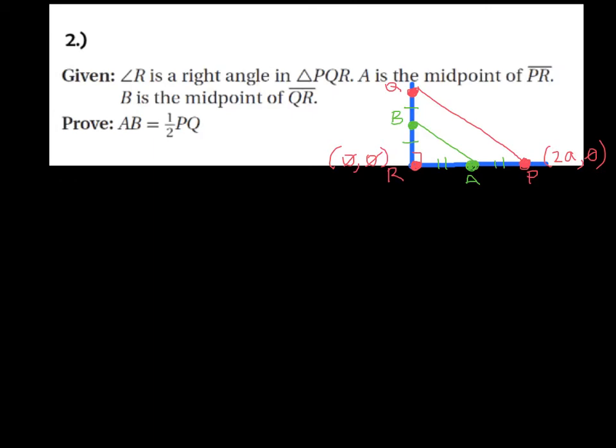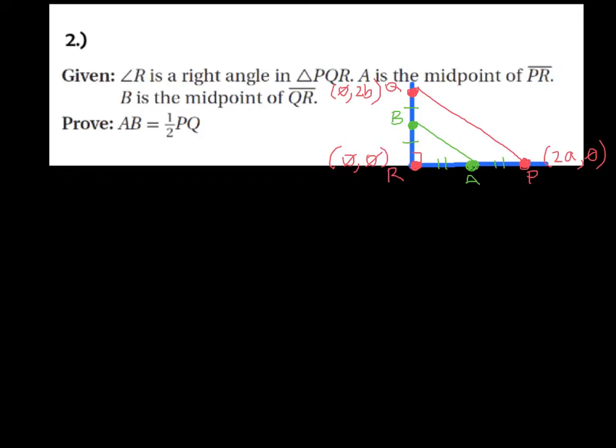I'm going to have to prove that in a moment. Then the same thing for Q: 0, comma 2 times whatever the coordinates of B are will be a good coordinate for Q.